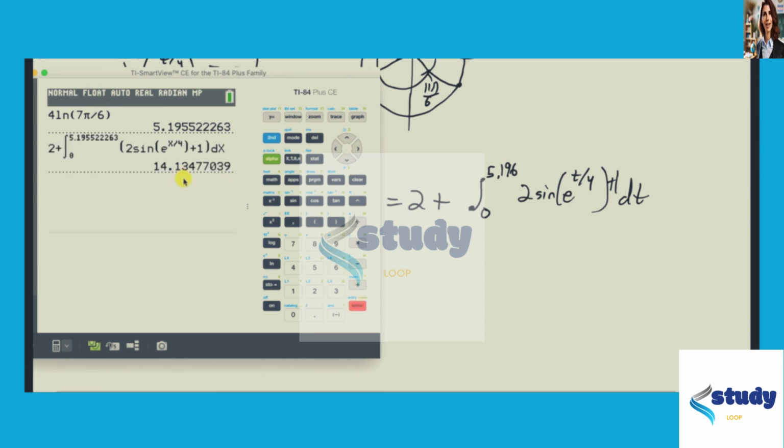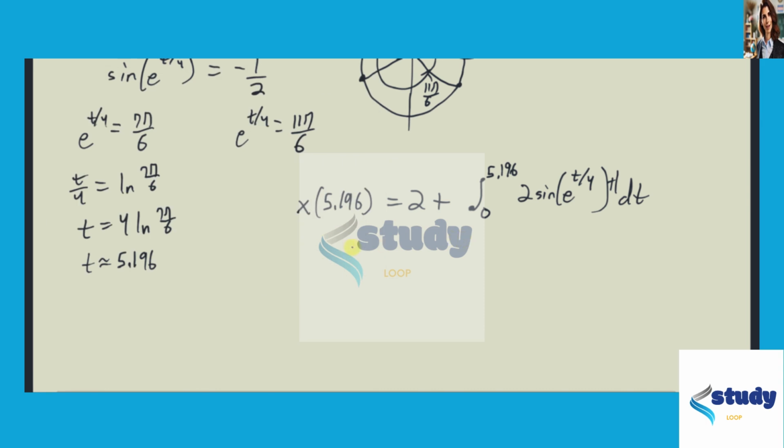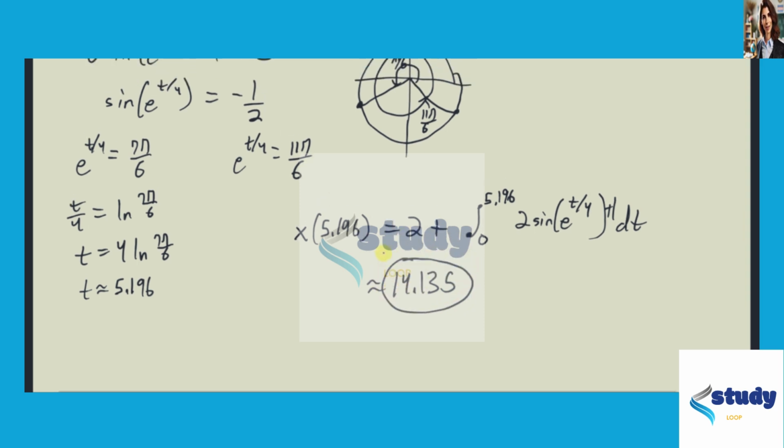And that gives us 14.135 if we round to 3 decimal places. So about 14.135 is the position when the particle changes direction.